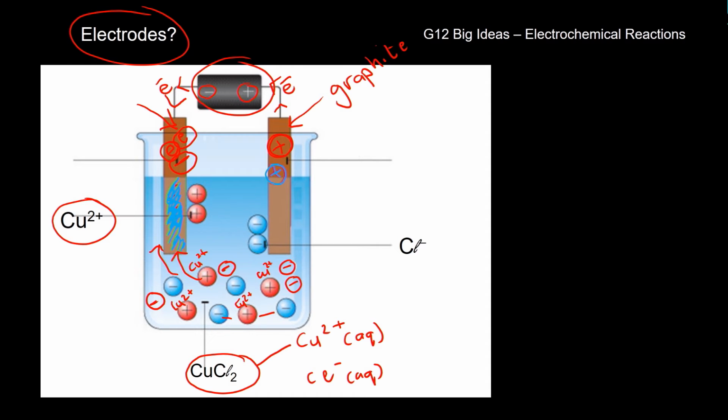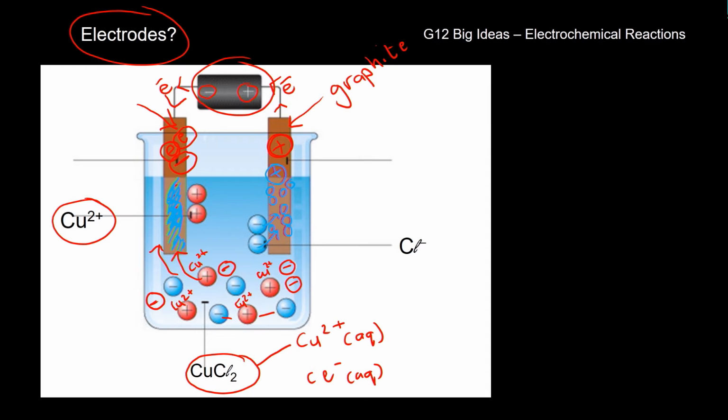Those negative chloride ions will donate their electron to the electrode to form neutral chlorine gas. And we will see bubbles forming on this electrode, and it will be quite smelly.